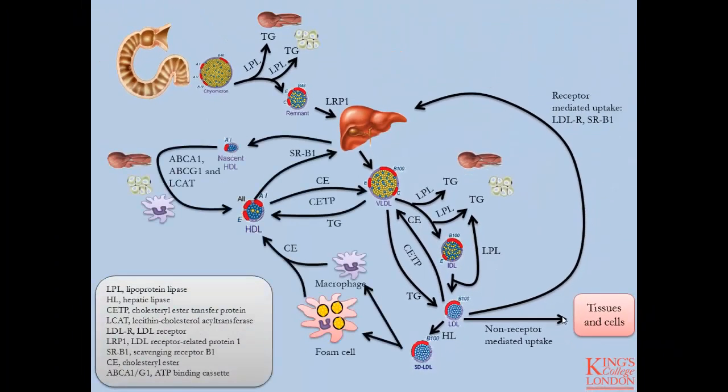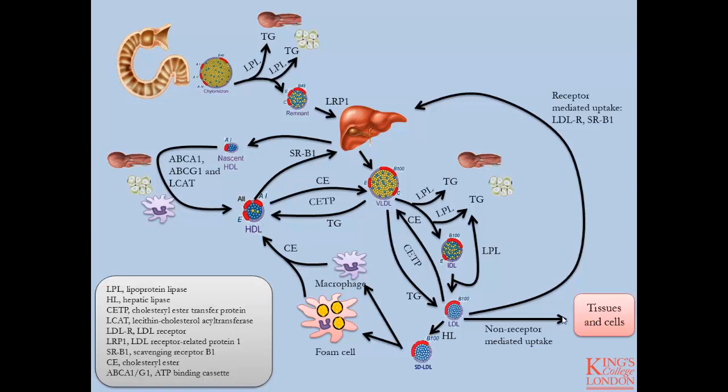Then we have the reverse cholesterol transport pathway, which links in very tightly with the endogenous pathway in that we have the production of nascent HDL by various tissues, which then is capable of recognizing transport proteins expressed on the surface of cells, which require the removal or efflux of cholesterol.